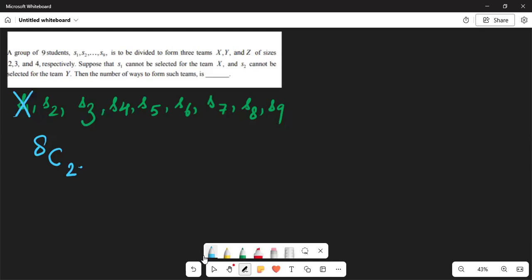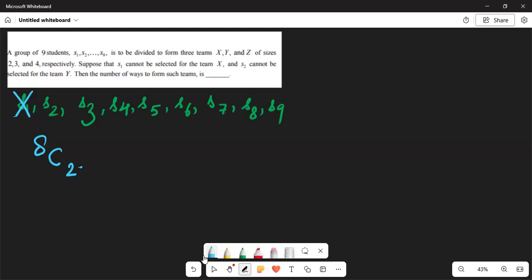So the way we chose 2 students out of 8, it is not clear right now whether S2 is in X or not. If it had been clear, it would have been easy for me to choose these students for Y.